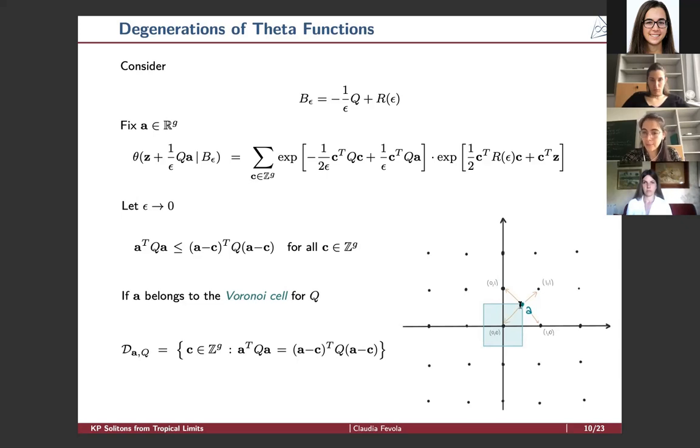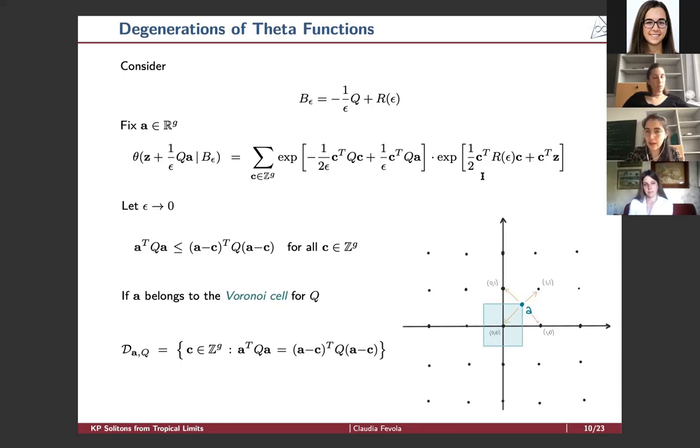And we can pick a point on the Voronoi cell and define this set, meaning all the lattice points on which the equality holds. And so what happens is that this term converges to 1 anytime that we take one of these 4 points, and it goes to 0 in all the other cases.